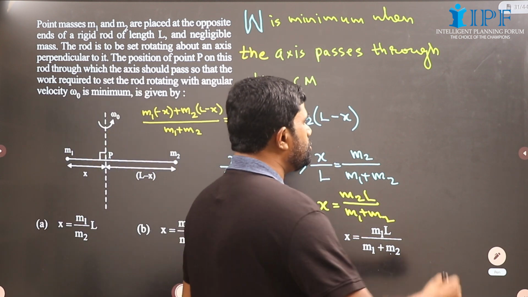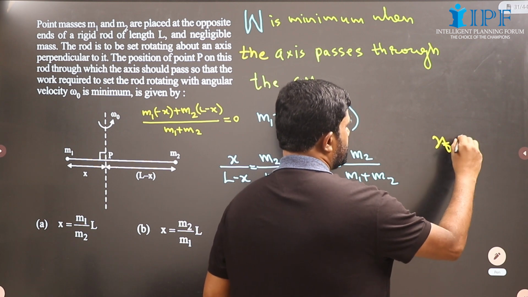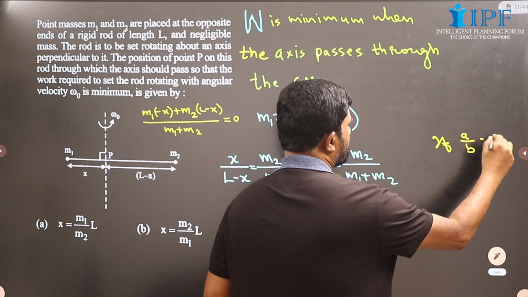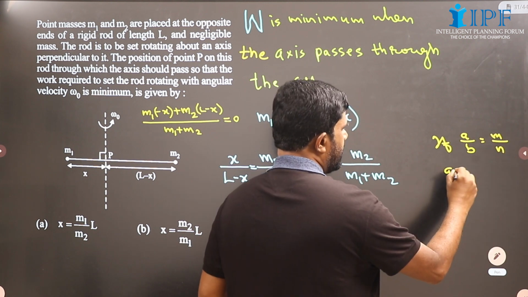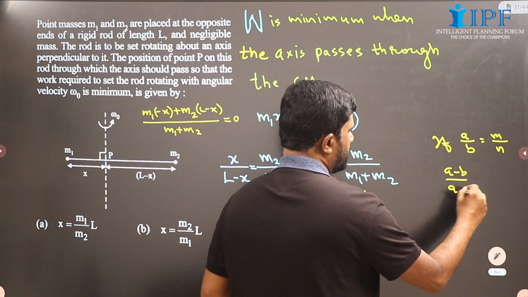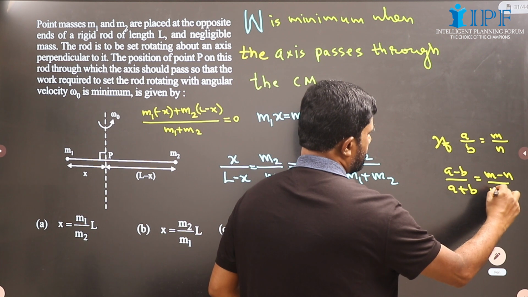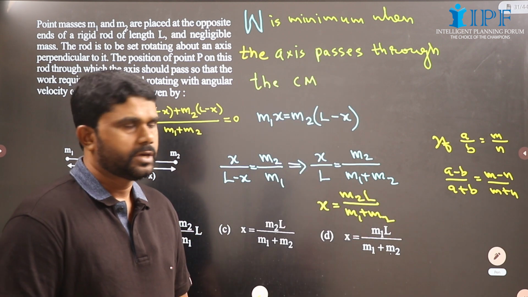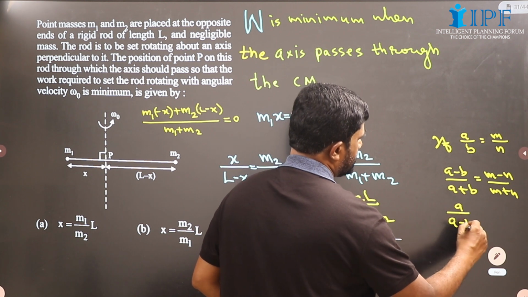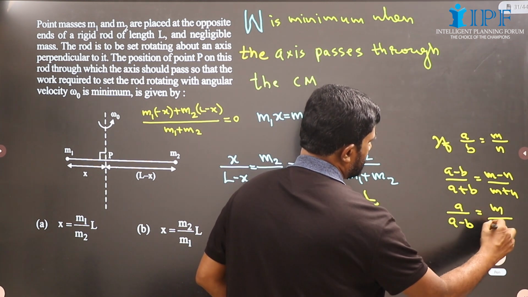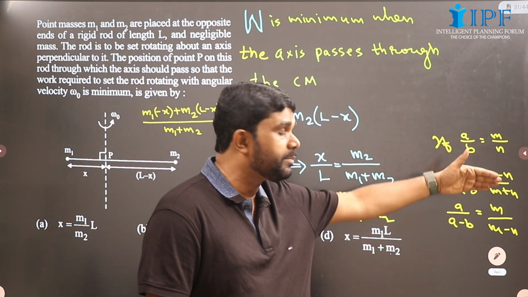See, the componendo dividendo rule is actually: if a by b equals m divided by n, then you can write (a minus b) divided by (a plus b) equals (m minus n) divided by (m plus n). Or you can write a divided by (a minus b) equals m divided by (m minus n), or b by (a minus b) equals n by (m minus n).